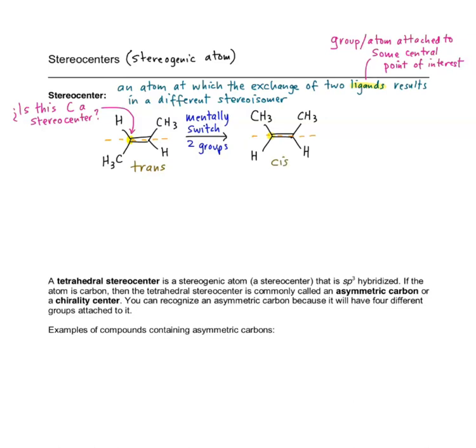And so now we're looking at a cis alkene. Trans and cis reflect different spatial arrangements, but the connectivity is still the same. Groups are attached in the same places that they were before we made the switch. And so yes, the carbon atom that I highlighted is a stereocenter. And we could be a little more specific and say it's an sp2 stereocenter because of the hybridization of that carbon.